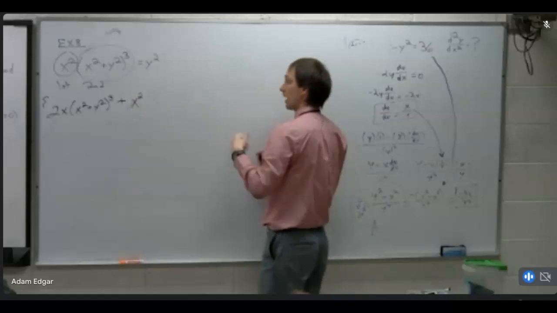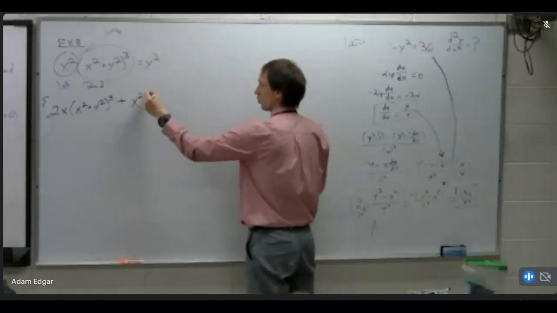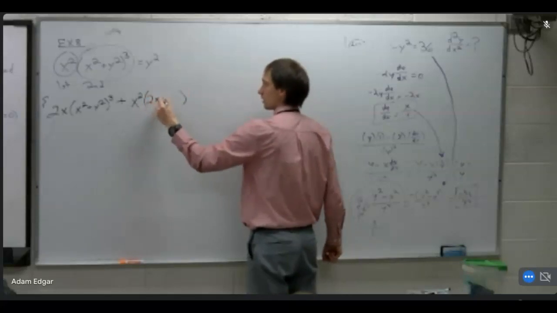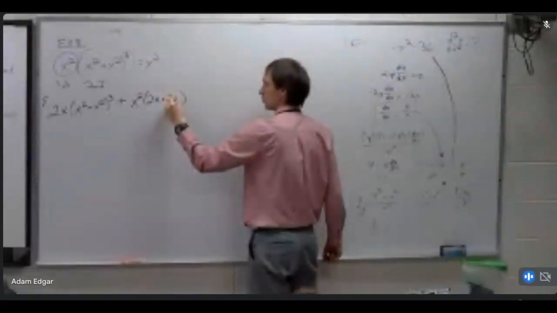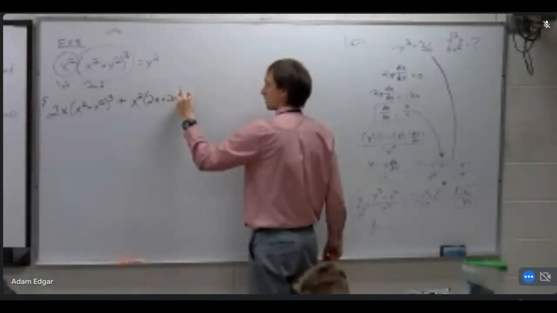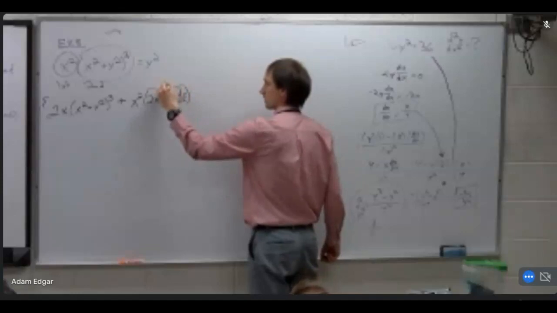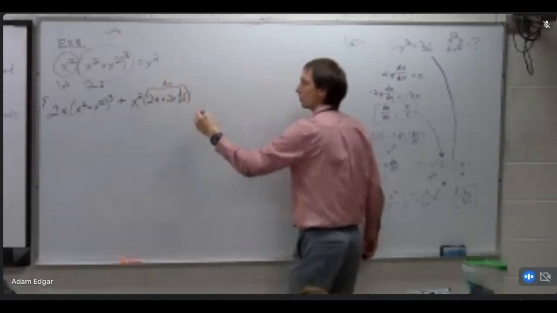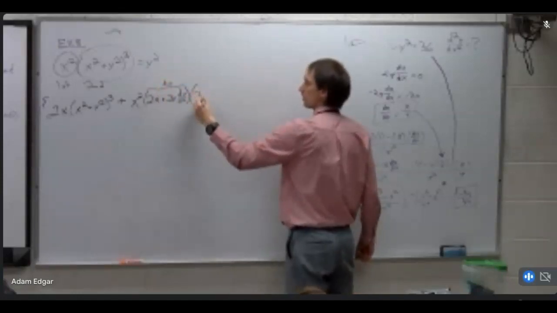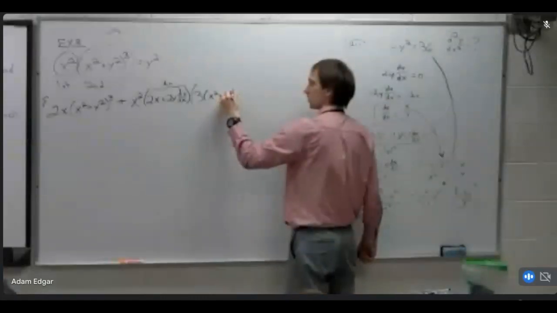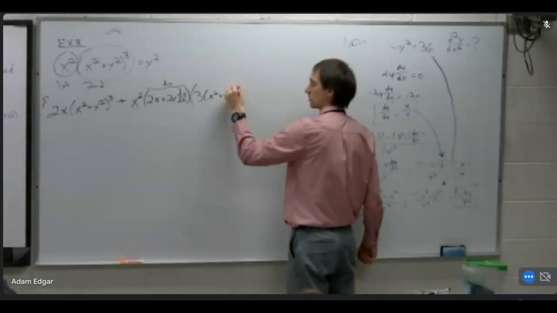Now for chain, let's think about the inside. What's the derivative of the inside part? 2x plus 2y dy dx. So that's d in. And then d out is going to be 3 times x squared plus y squared, squared.